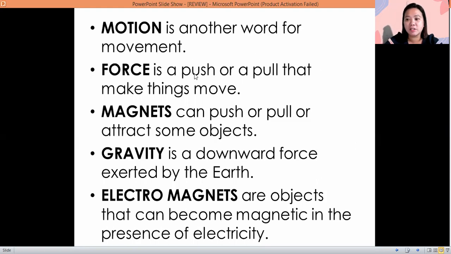Okay, next, the last set is the motion. The meaning of motion is another word for movement. Force is a push or pull that makes things move. Magnets or magnetism can push or pull or attract some objects. We have also gravity. It is a downward force exerted by the earth. And the last one is the electromagnets. These are the objects that can become magnetic in the presence of electricity.